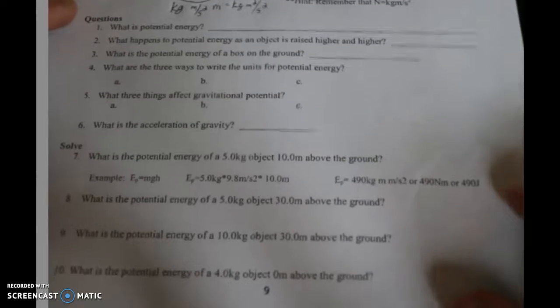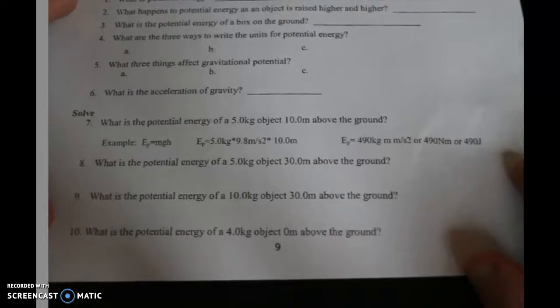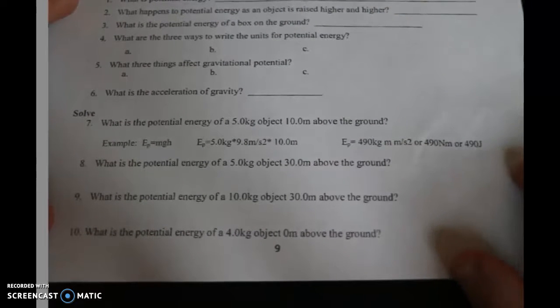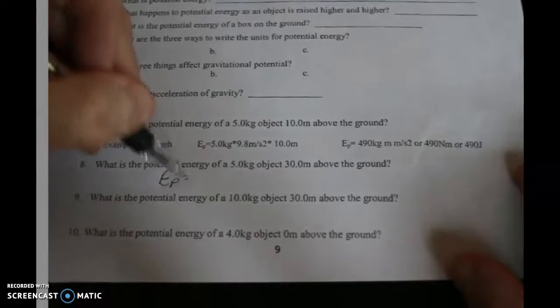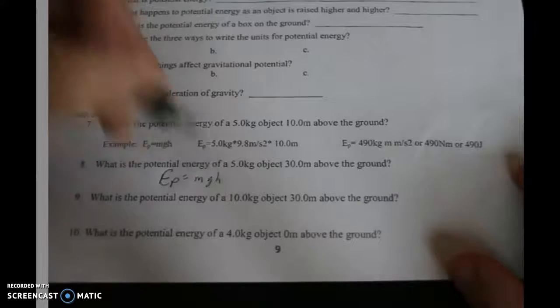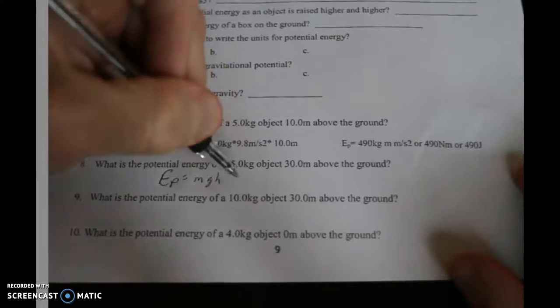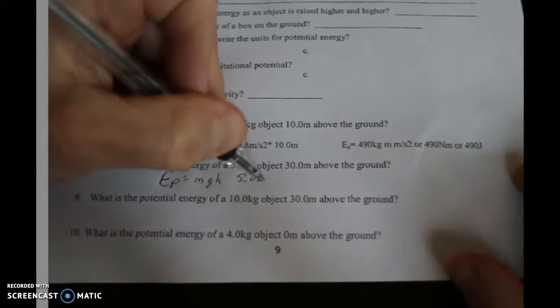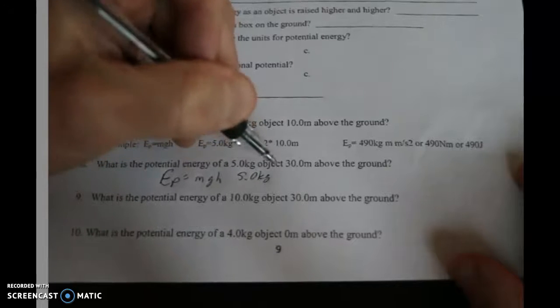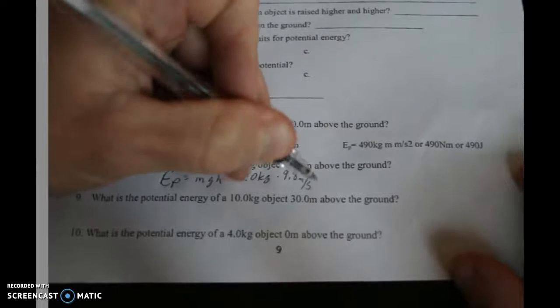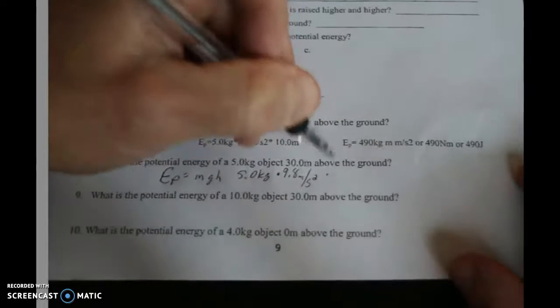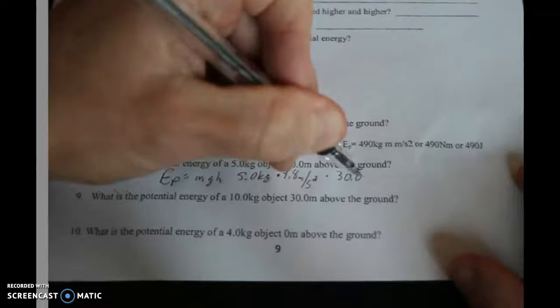So I'm going to go down to the bottom of the page a little bit. And number 8. What is the potential energy of a 5 kilogram object 30 meters above the ground? So when we're talking about potential energy, that's mass times gravity times height. So the mass is given, that's 5.0 kilograms. This is occurring on Earth, so gravity is 9.8 meters per second squared, and then the height is 30.0 meters.